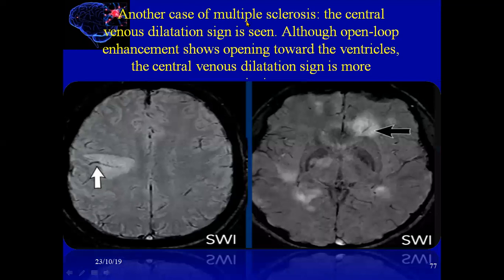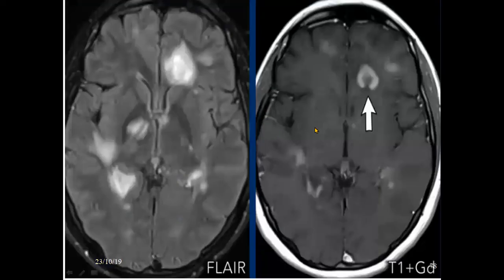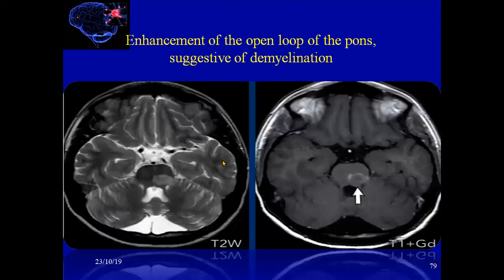Here is another case of multiple sclerosis. The central venous dilation sign is seen here. Although open ring enhancement shows opening towards the ventricle, the central vein sign is more seen here. This is the opening sign of the ring.